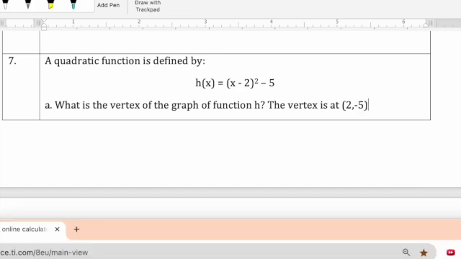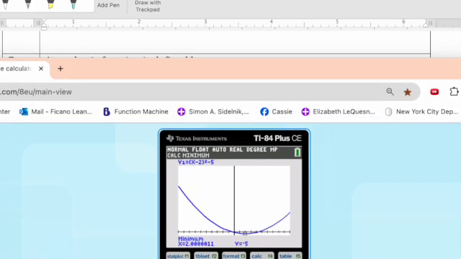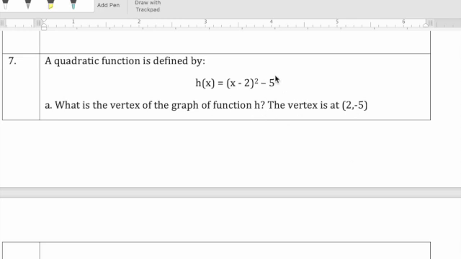Okay, now if you notice, this is called vertex form because you have your -5 and your x, right, is 2. 2 minus 2 is 0. Okay, so if you think about it, this original function is x squared. X minus 2 means that this function moved over to the right because x is 2, right?